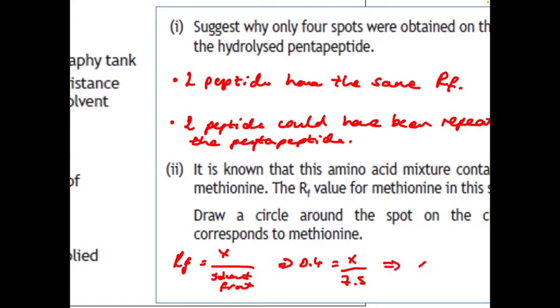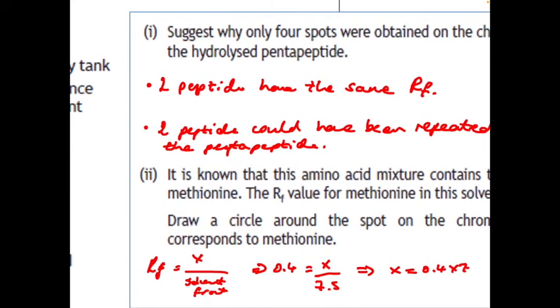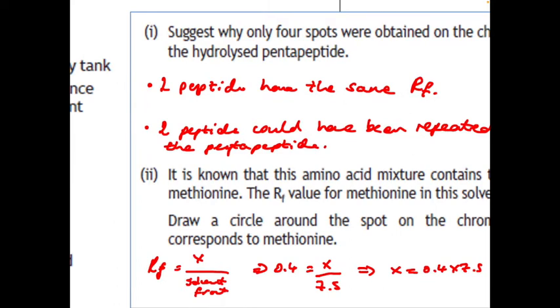So if we wanted to try and work out X, it's going to be 0.4 times by 7.5. I'm just rearranging that equation. If we work that out, that gives us 3 centimetres.